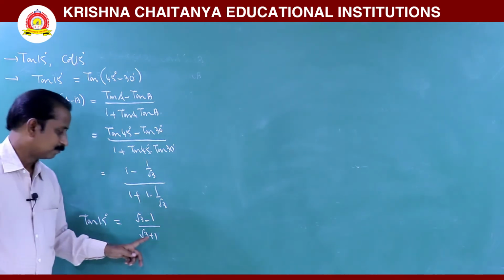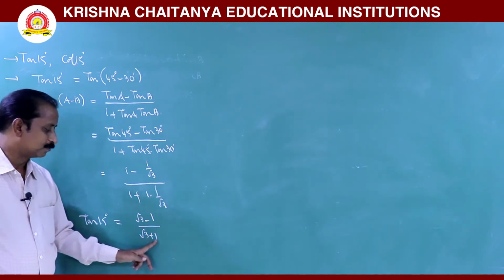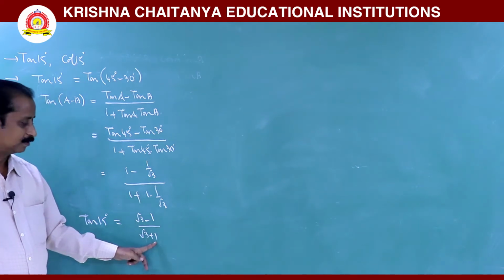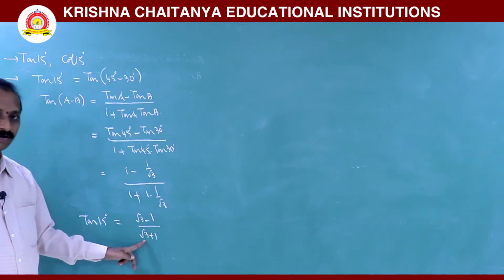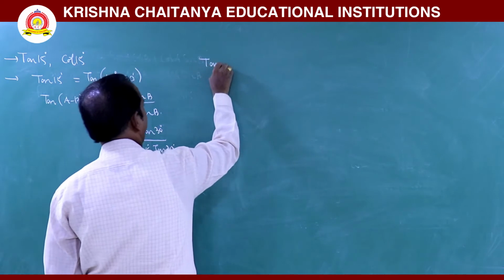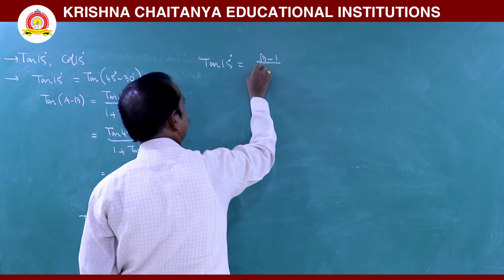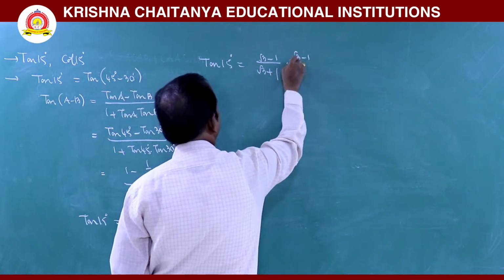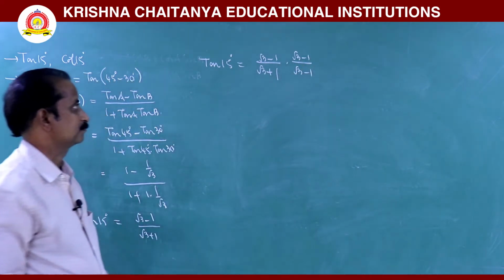But we can simplify this also. We know that the conjugate of root 3 plus 1 is root 3 minus 1. We multiply both numerator and denominator by its conjugate. So tan 15 degrees is equal to root 3 minus 1 by root 3 plus 1 into its conjugate root 3 minus 1 by root 3 minus 1.